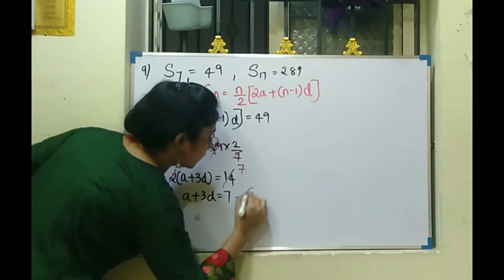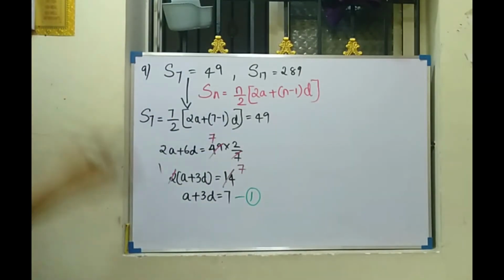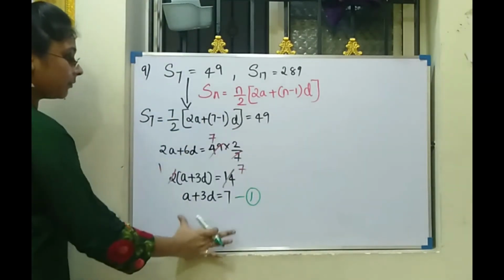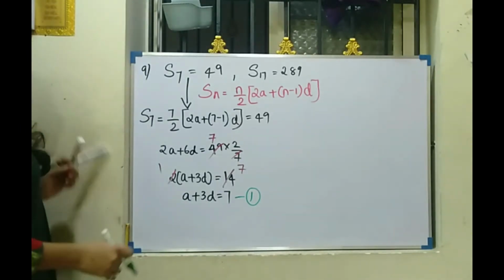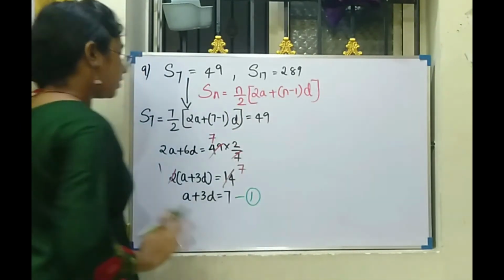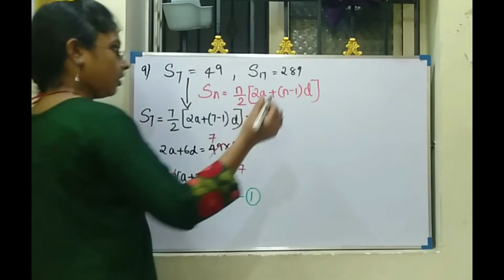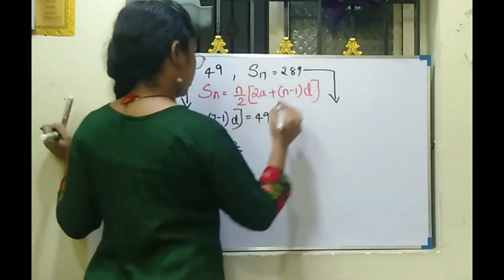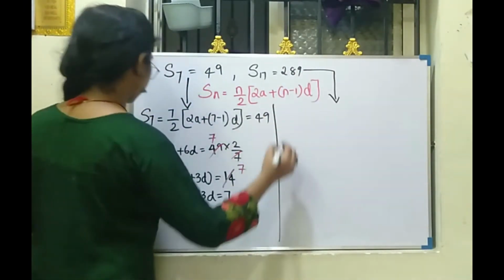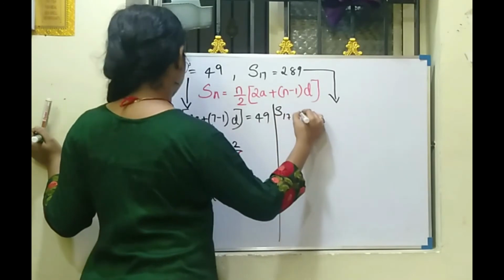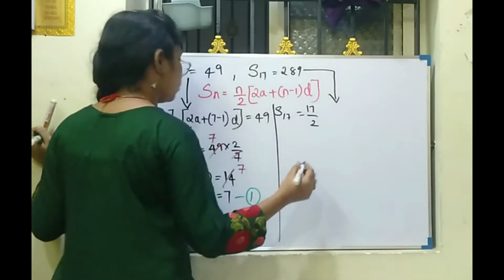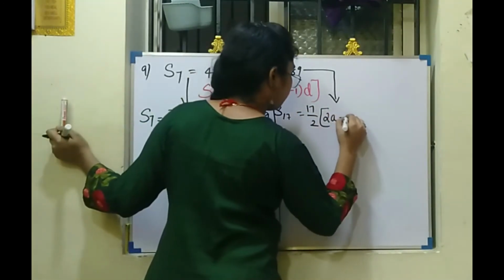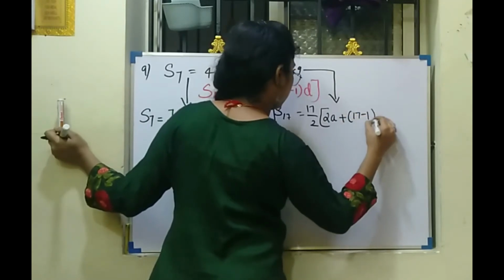This will be my equation 1. Okay. By solving this, I am getting equation 1. Now we have to solve this to get equation 2. In this format, S17 is equal to 17 by 2, 2a plus 17 minus 1 into d.